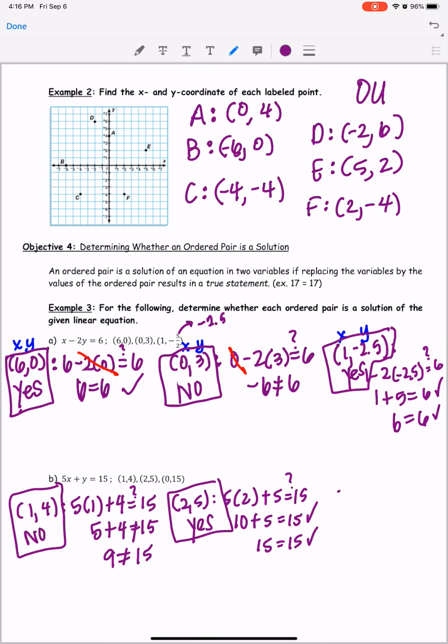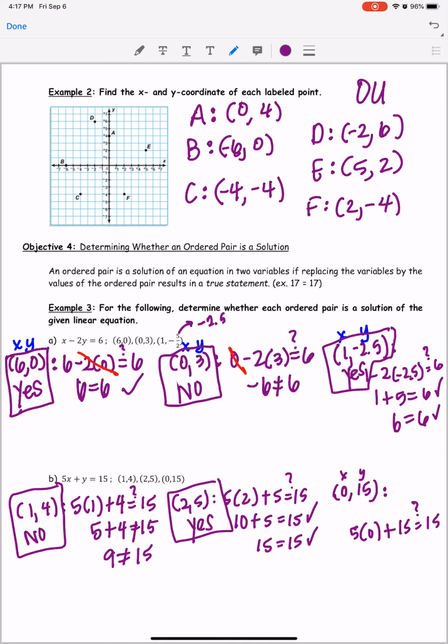And then we have 0 comma 15. So here's my x, here's my y. So we've got 5 times 0 plus 15.